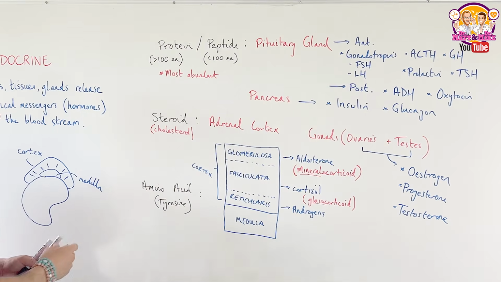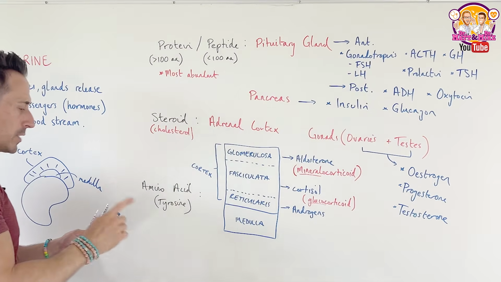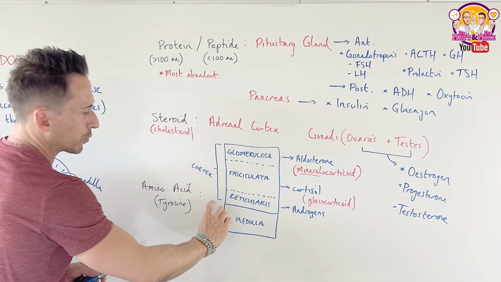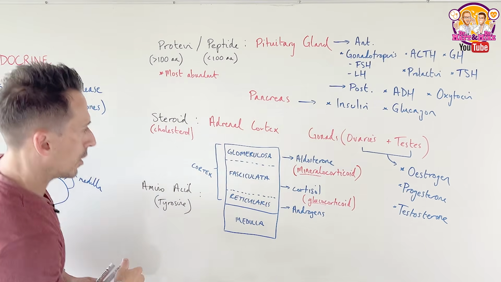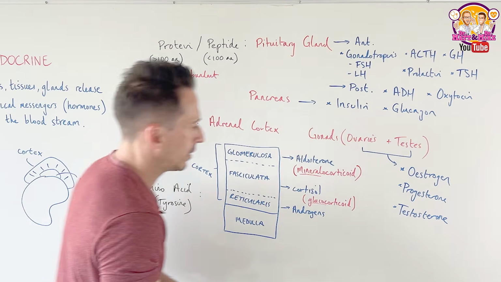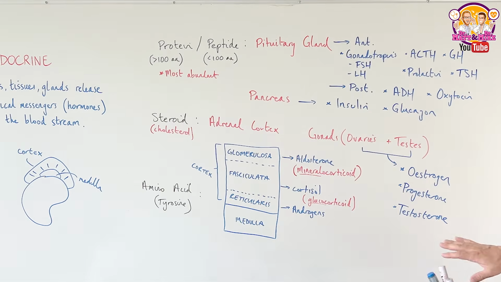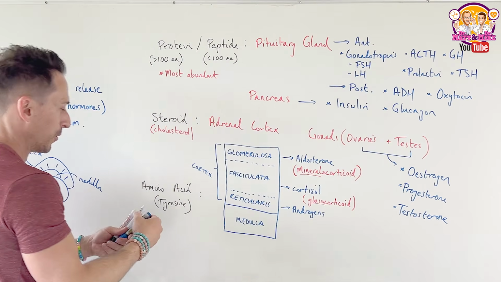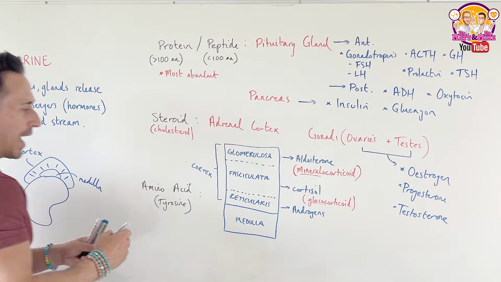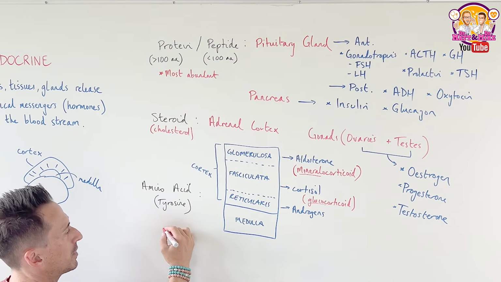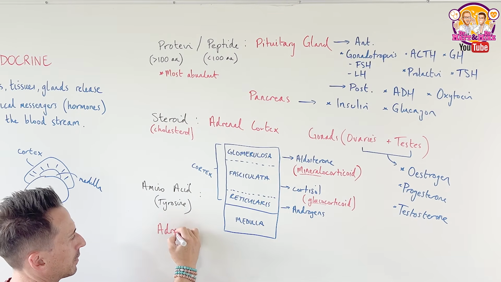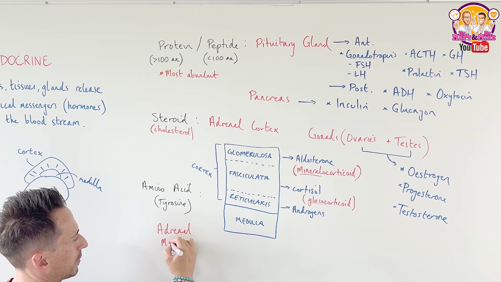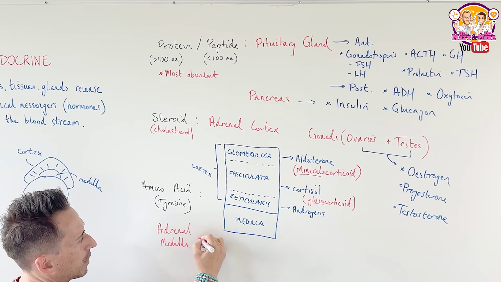Now, when it comes to the amino acid derived hormones from tyrosine, it's important because I've drawn the medulla here. Now, I know it's at a bit of an angle because, unfortunately, that's how it looks when I'm looking at this whiteboard. But just so you know, the amino acid derived hormones actually come from the adrenal medulla.